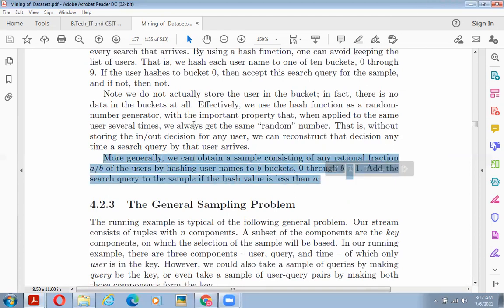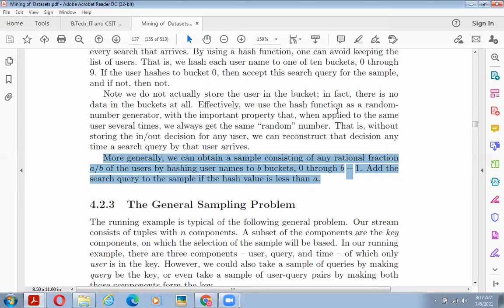Let's put in our example, 1 by 10. So a will be 1 and b is 10 here. Then b buckets means 10 buckets, 0 through b minus 1, so it is 0 to 9. And then we add the search query to the sample if the hash value is less than a. What is a here?